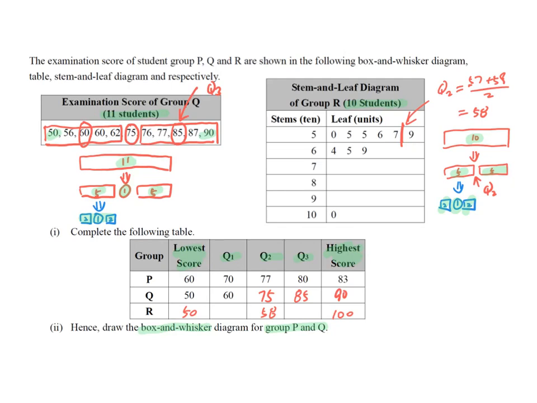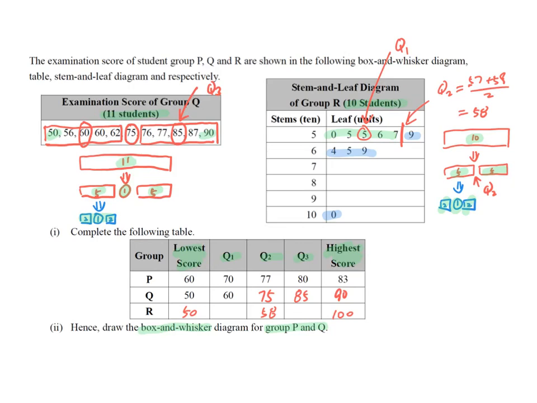At the same time, let me drop down the lowest score and the highest score here. After that, our first half of the data is here. We try to find the one in the middle, which is our Q1. Similarly, for the second half of the data, we find the one in the middle. Be very careful, they say 100.